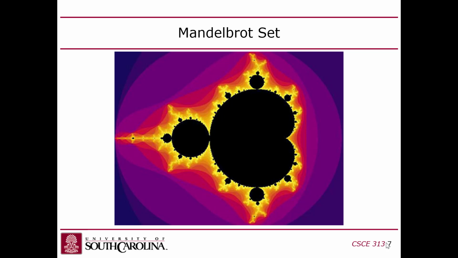The minute you go out of that circle is the point at which you consider it to have diverged. So if you just count the number of times you can run the Mandelbrot without going outside the circle, that's your color. And you can generate the color however you want. In this case, they use a yellow and red sort of color motif.